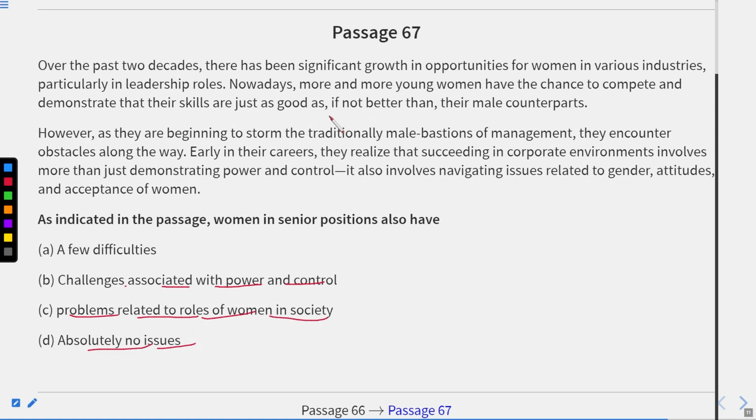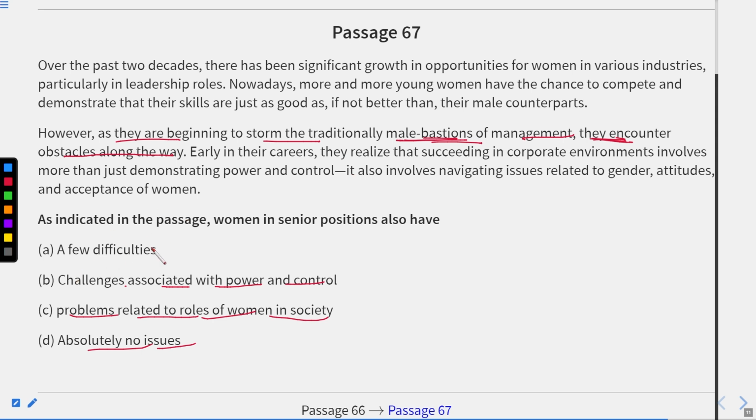Now, if you see this line: however, as they are beginning to storm the traditionally male bastions of management, it means the thinking that only a male can lead well, they encounter obstacles along the way. Who? Women. They encounter obstacles along the way. Just because they are women, they have to remove this thinking about male bastions of management. So they feel the obstacles.